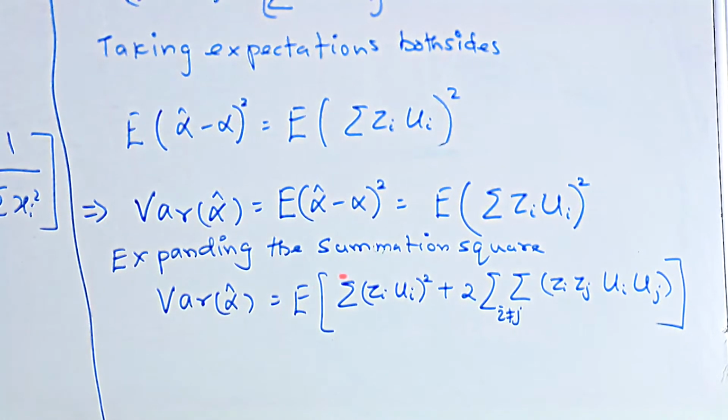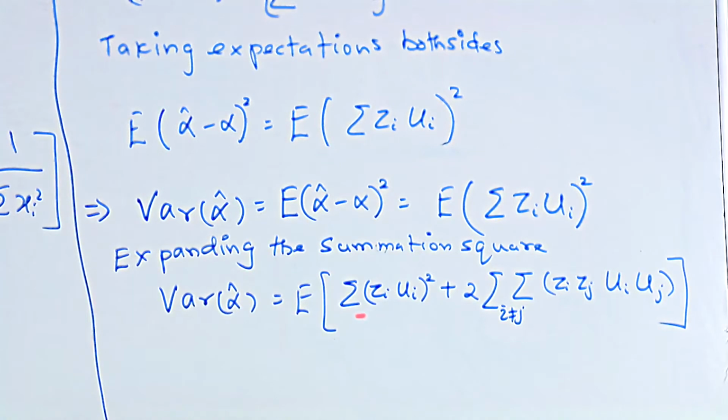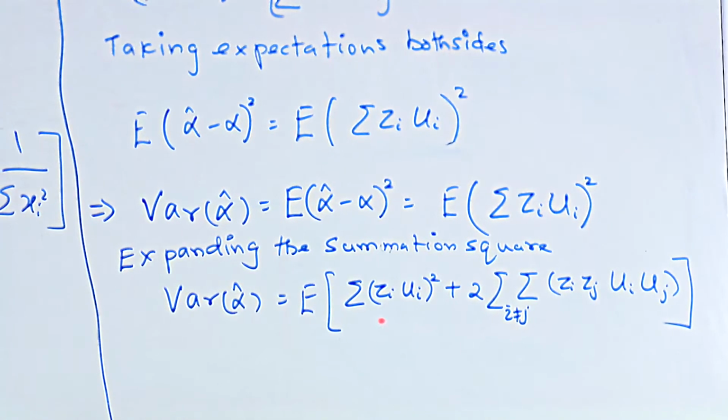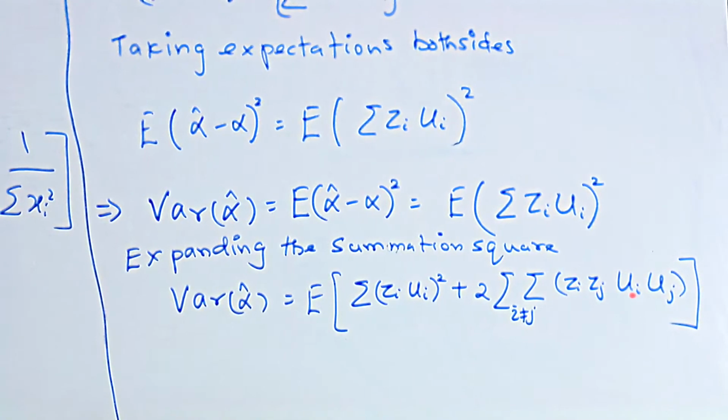Expanding the summation square, we get variance of alpha hat is equal to expectation of sigma zi square ui square plus 2 into double sigma, i not equal to j, zi zj ui uj.